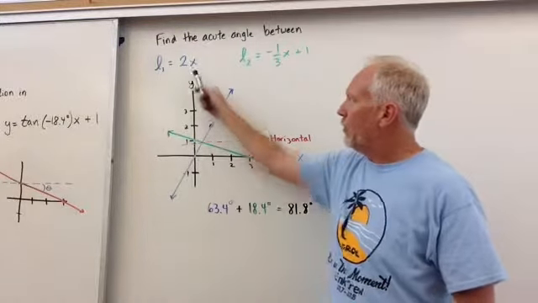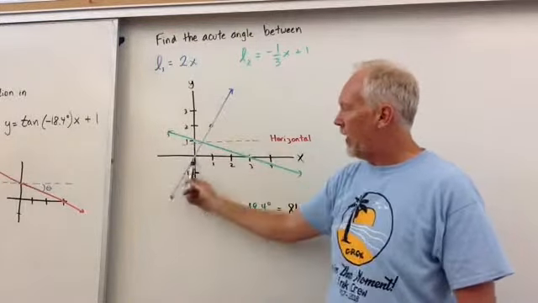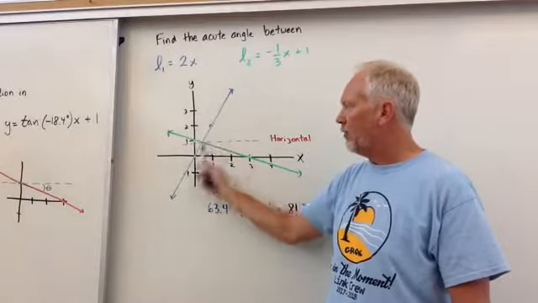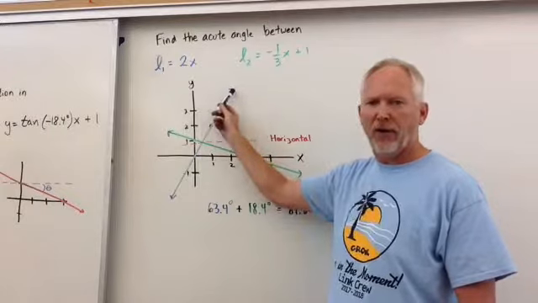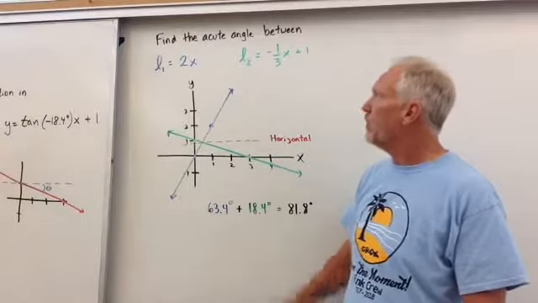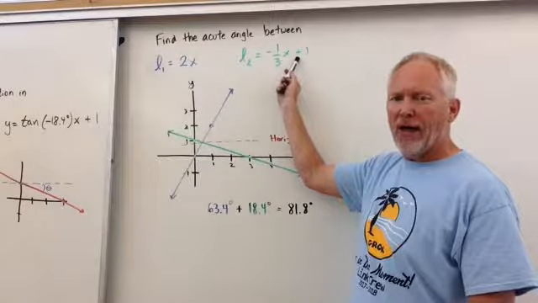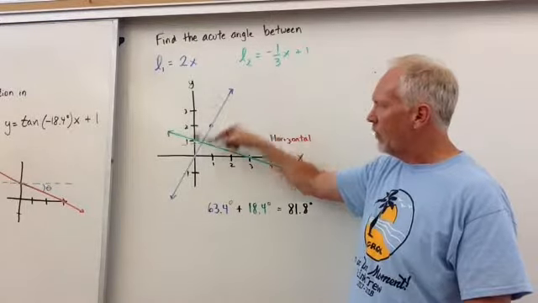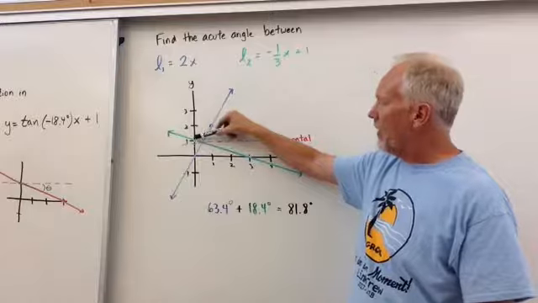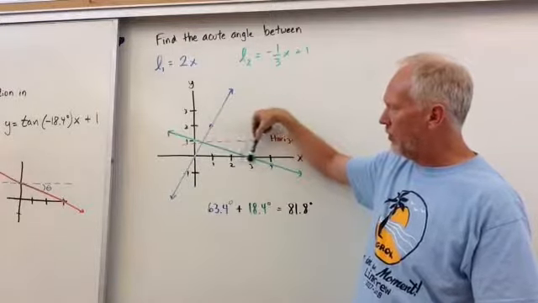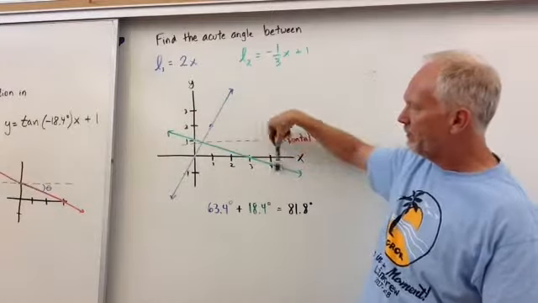And we're just going to graph. Line 1 is 2x. It goes through the origin. The slope is up 2 over 1. So I just draw that line. Line 2 starts off on the y-intercept of plus 1, so I move up 1, and then it has a slope of down 1 over 3. 1, 2, 3. So this line goes here.